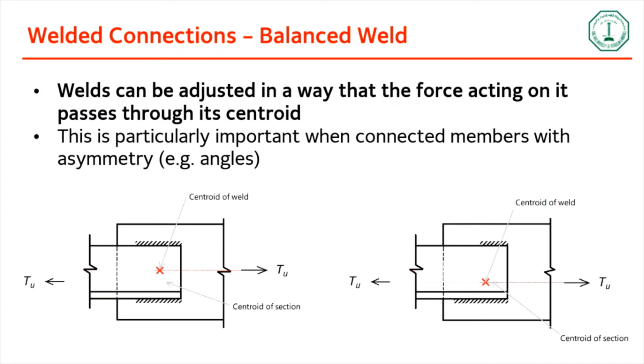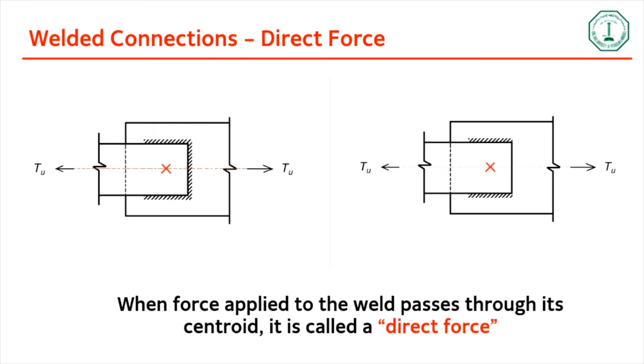And then we have the idea of balanced weld. Suppose we are talking about, in this case, if you might have noticed in the previous case, both of them are plate. When you apply a force on the plate, you assume that it's a compression or a tension member. The force passes exactly through the centroid.